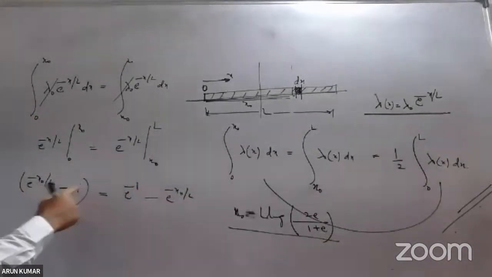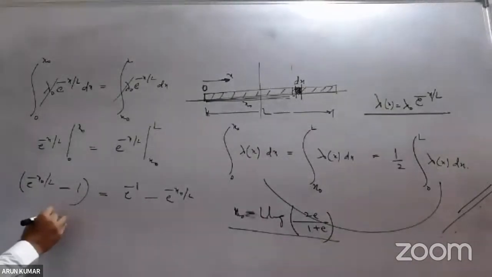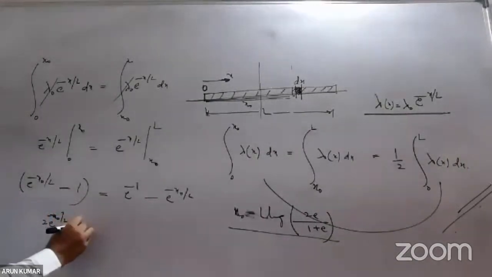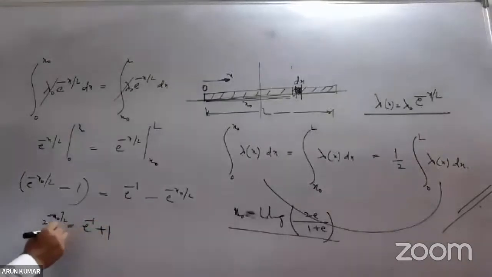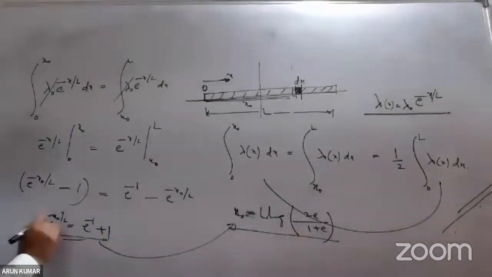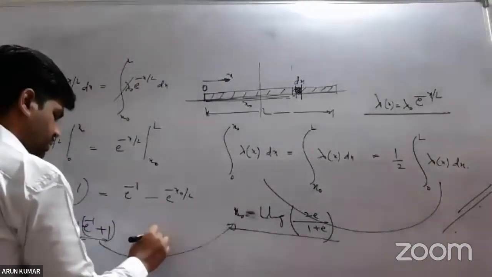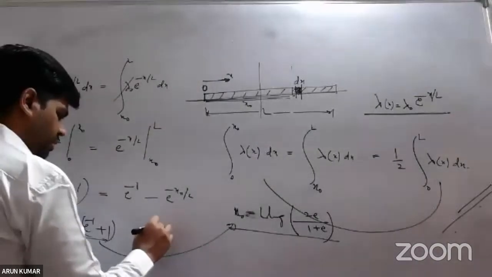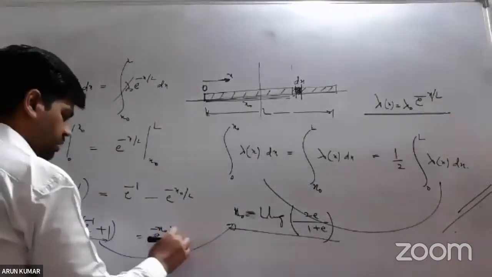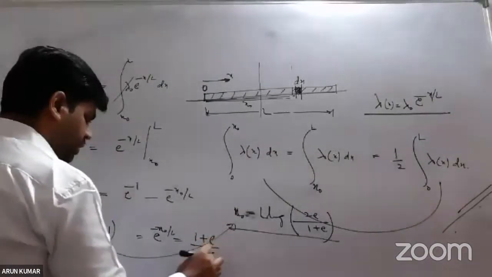So this comes over here, this goes over there, 1 goes over there. So I get 2 e power minus x naught by L is equal to e power minus 1 plus 1. We are again getting back to the same equation. So e power x naught by L is equal to 1 plus e by 2e.